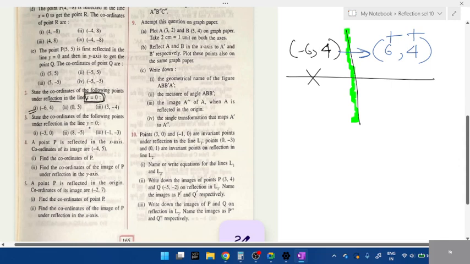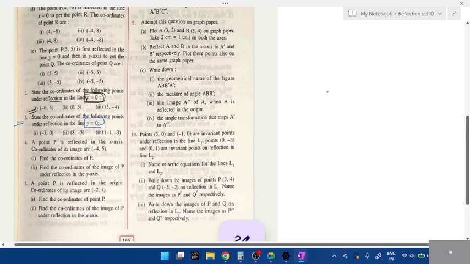Okay. In the second question, y is equal to 0. Then where is the mirror placed, students? In which axis is the mirror placed? For the third question, if y is equal to 0, the mirror is placed in which axis? X axis. Yes. Try the second one. Draw a rough diagram like this.